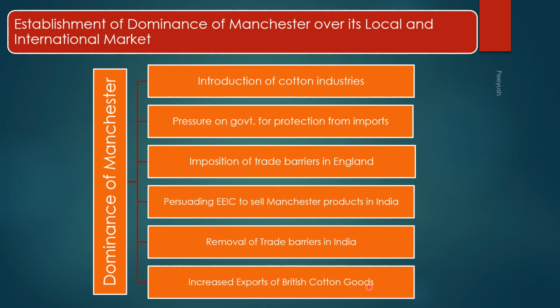So all the British cotton goods started getting exported from Britain to India. In this way, with all these keywords, we can understand clearly how Manchester became dominant, how Manchester established its control and dominance over its local as well as international market. So all these keywords you would need to explain.